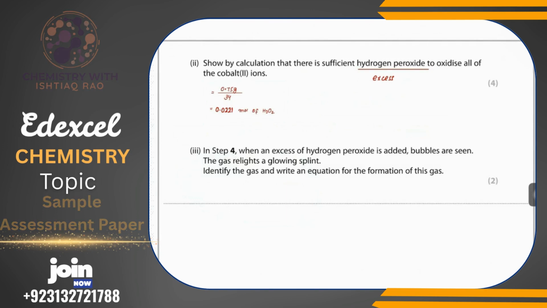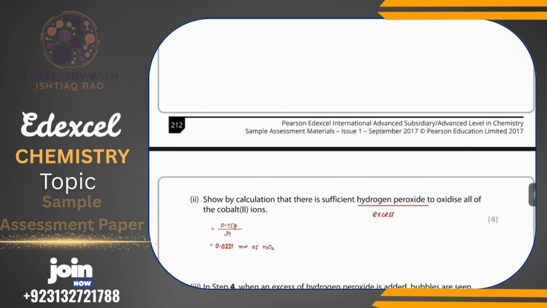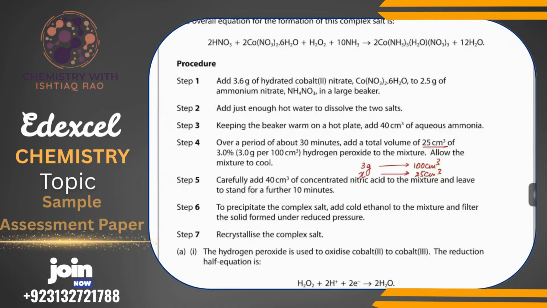So then what's the number of moles of cobalt 2 plus? After taking the mole ratio, cobalt 2 plus, it is 3.6 grams of hydrated cobalt nitrate. So first we take the MR, so that I can divide the mass by its MR to get the moles.